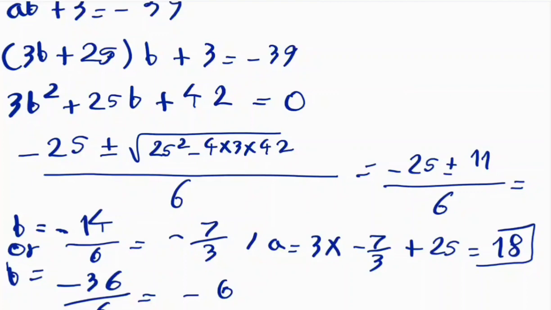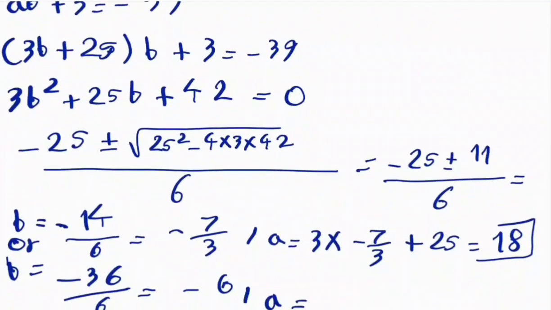And for the second value of b, a will be equal to 3 times minus 6 plus 25, and we get 7.